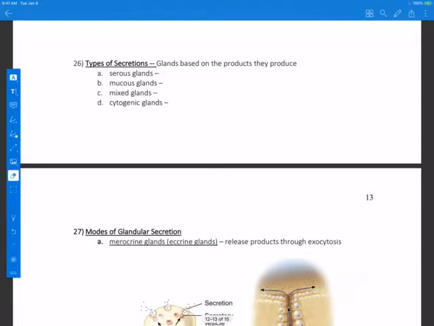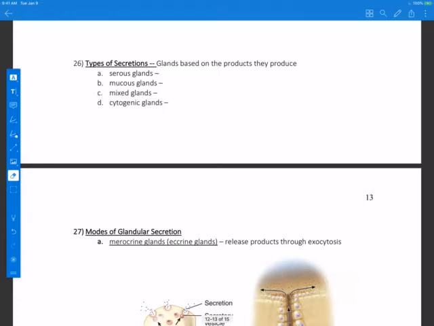Another type of secretion would be a mucus secretion. Mucus glands produce a mucousy, thicker product made up of glycoprotein. Glyco is sugar, protein is protein. Mucin. Mucin is when it mixes with extracellular fluid becomes mucus.